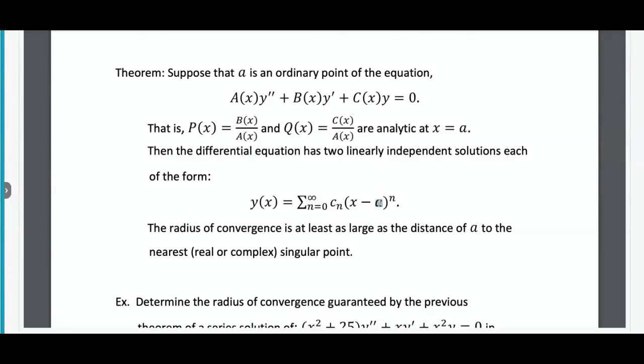So when a is 0, we see just Cn x raised to n. But a can be any other number. The radius of convergence is at least as large as the distance from a to the nearest real or complex singular point.